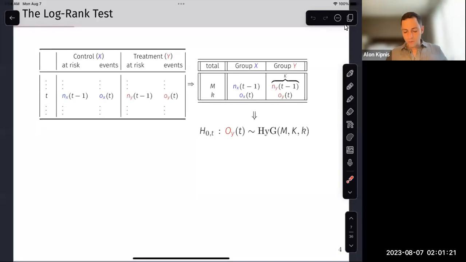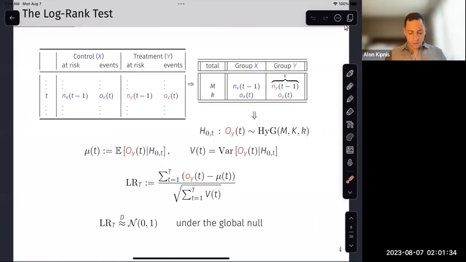So the number of observed events, if the risk is equal in both groups, has a hypergeometric distribution with exactly those parameters. And what Mantel proposed was to standardize the number of observed events over the entire study using the mean and the variance of the hypergeometric distribution. This is asymptotically normal, so you can get a nice test this way.